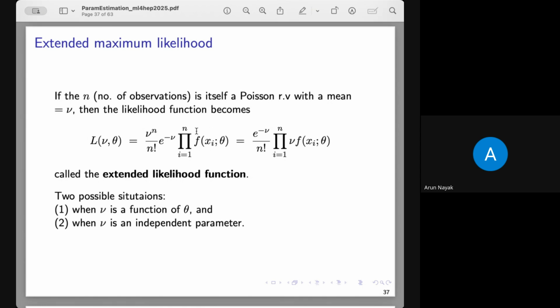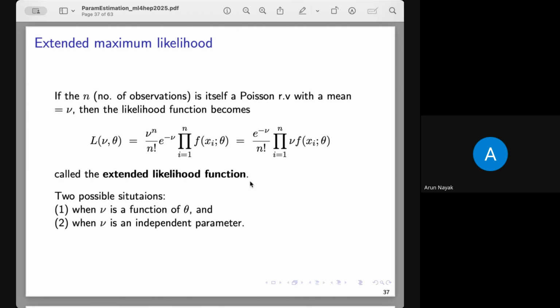So to this likelihood function, we have an additional probability distribution corresponding to obtaining the number of events n given its expected value is nu. When you do this, you can also rewrite it in this form. When we construct a likelihood function like this, assuming n is a Poisson random variable, we call this the extended likelihood function.